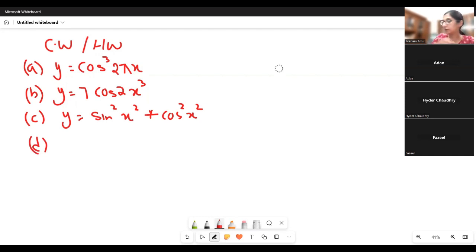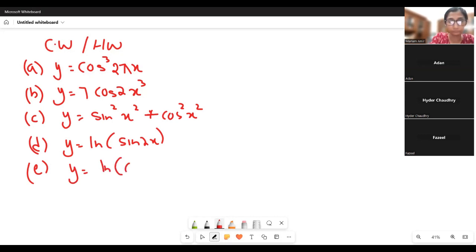Part D is ln sine 2x. Part E is cos cube 2x.